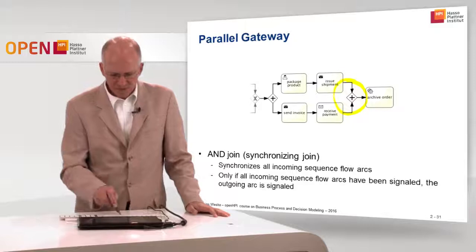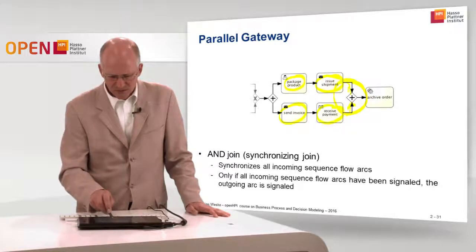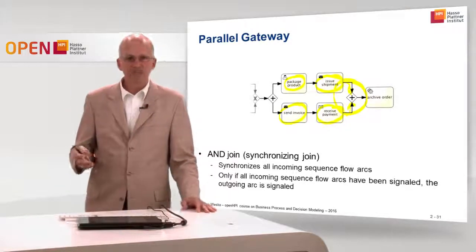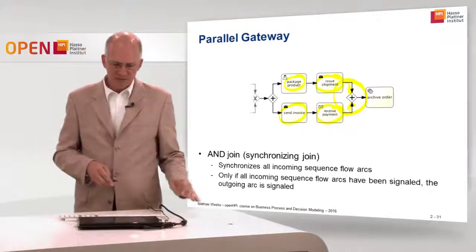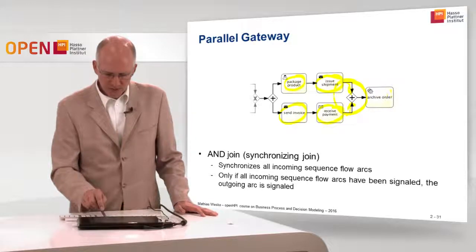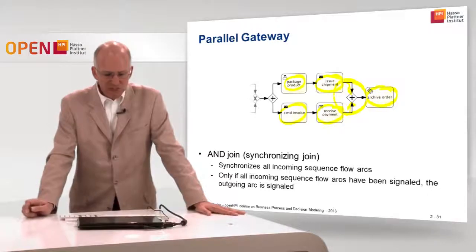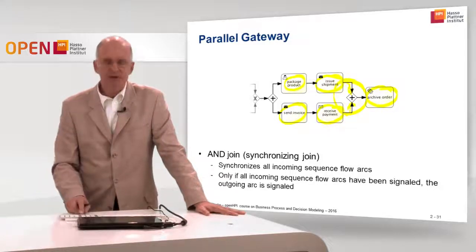So in this case, if package product has been executed, issue shipment has been executed, send invoice and receive payment has been executed, and this edge is triggered, and only in this case the AND join fires. The AND join synchronizes these two branches and then signals its outgoing edge so that we can then execute archive order. So the AND join synchronizes all incoming sequence flow arcs, and only if all incoming sequence flow arcs have been signaled, the outgoing arc is signaled.